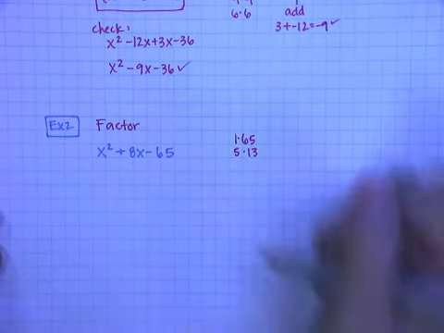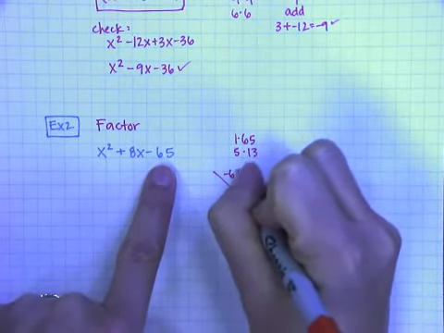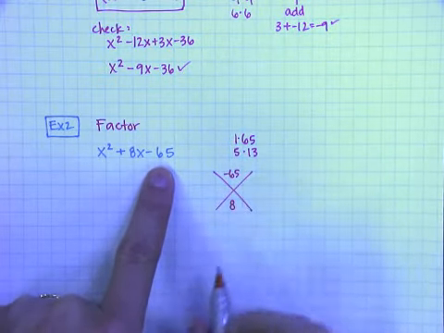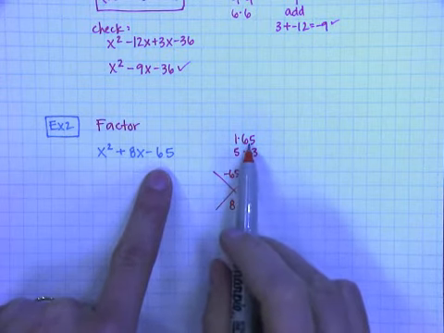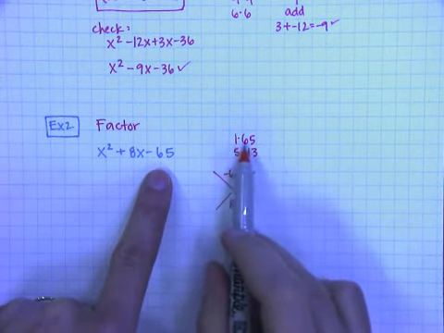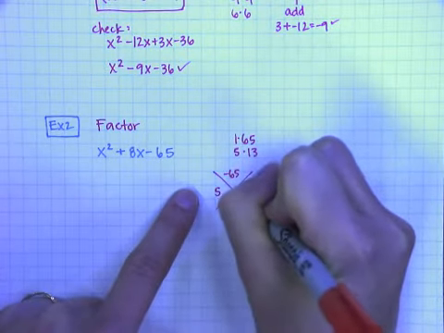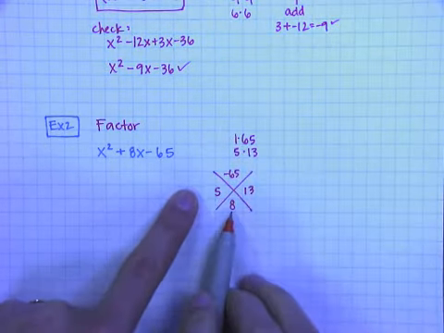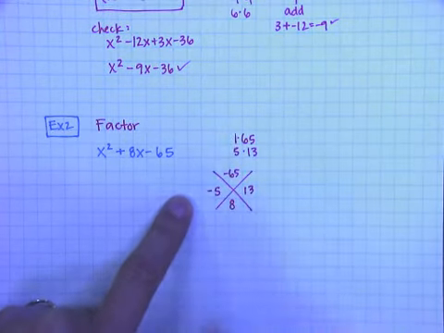So now I make my x for x factor, I put negative 65 on top, and the 8 on bottom, and I'm looking for two numbers that add up to 8 and multiply to negative 65. Well, 1 and 65 clearly can't make 8, so it's got to be the 5 and the 13. And since 8 is positive, I know the 13, the bigger number, has to be positive, so I'm going to make the 5 be the negative one.